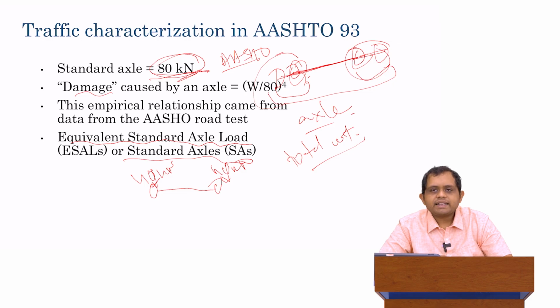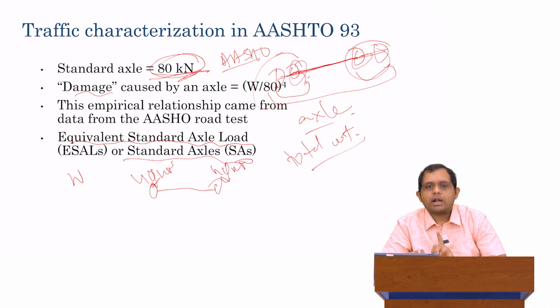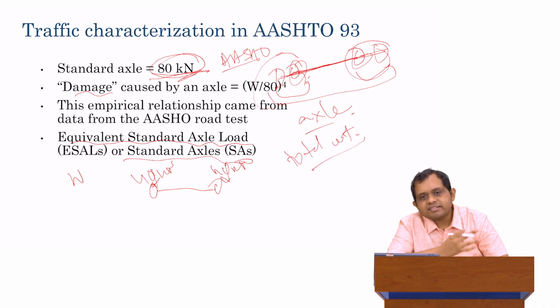What was found back then is a very, very empirical approach. But what was found was that if the weight of an axle was W, the axle of weight W created some amount of damage. And if we take a standard axle, which was 80 kilonewtons, and suppose we said that the standard axle creates a damage of 1 (damage you can think of as a sort of fuzzy term; you could think in terms of slabs cracked or amount of pumping, whatever it is).